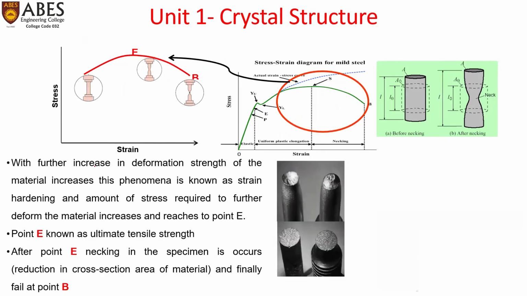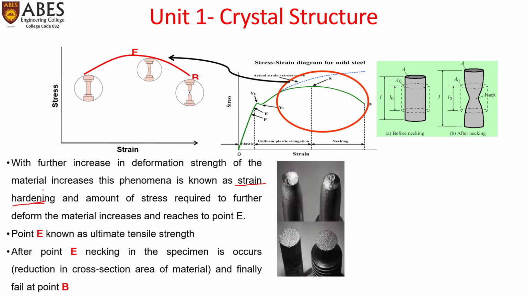Now, with further increase in deformation, the strength of the material tends to increase. This phenomenon is known as strain hardening. The strain hardening we learned previously also while we were discussing the edge dislocation or the plastic deformation.